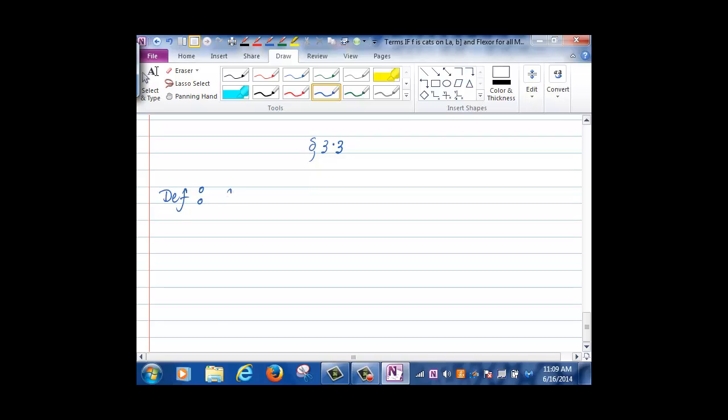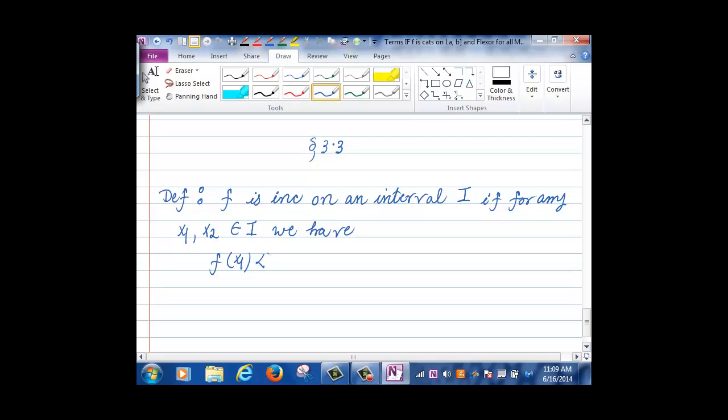We are going to say that the function f is increasing on an interval I if for any x1, x2 inside of I, we have f of x1 less than f of x2 whenever x1 is less than x2.